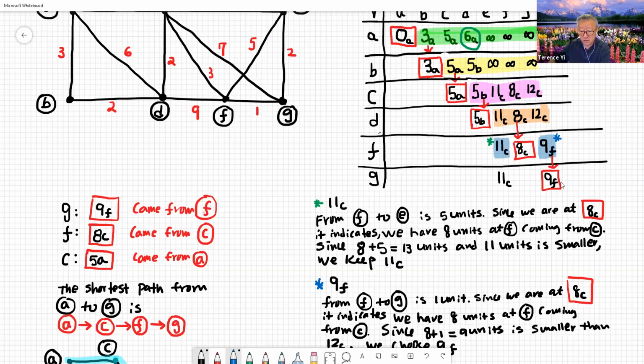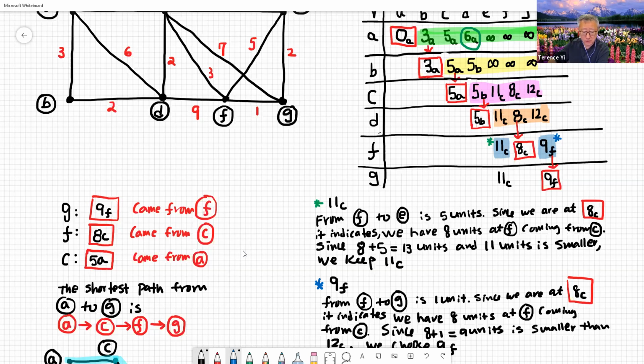So we are at G, and 9F means it comes from F. So looking at G over here, you are coming from 9F. AC means if you look at the F, you got AC over here. It comes from C, and up to that point, it's going to be 8 units. And the 5A, it comes from A, and at that point you've accumulated 5 units there.